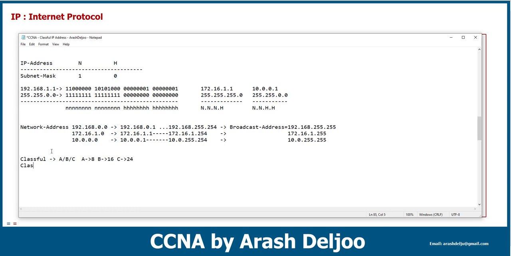But in classless networks, we don't have the rules of the IP address classes. We are using the subnet mask, and we will learn about the function of the subnet mask more than this. For example, in classless networks, when you are assigning an IP address like 192.168.1.1 to a system, it's mandatory to configure the subnet mask.